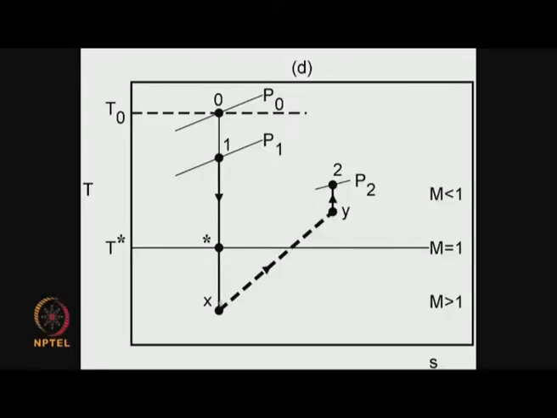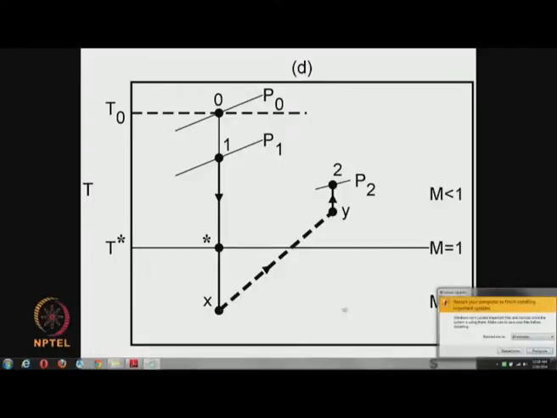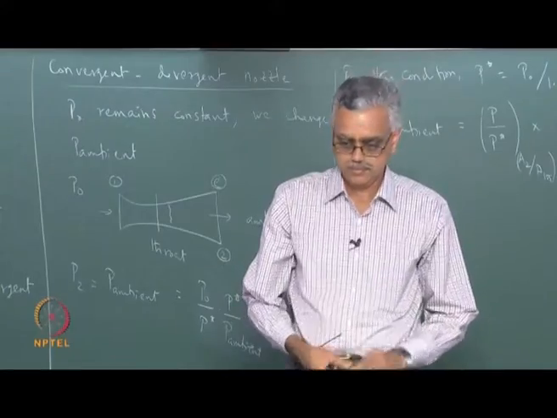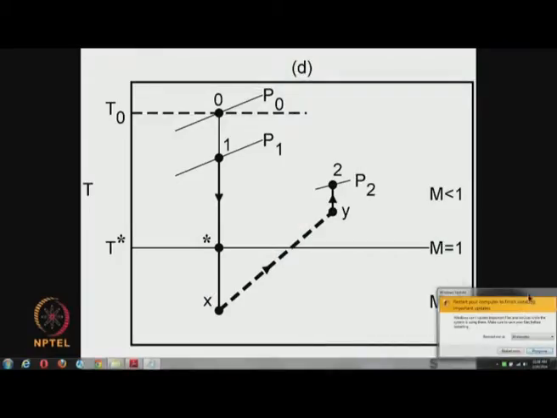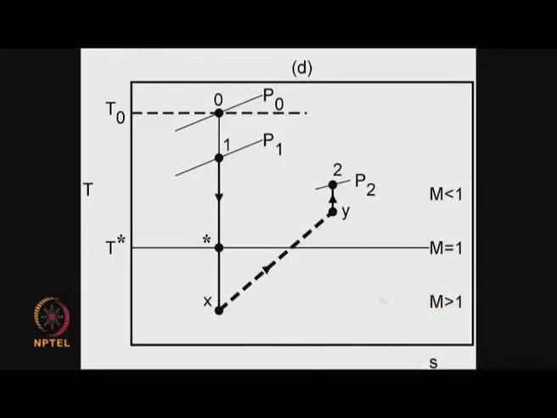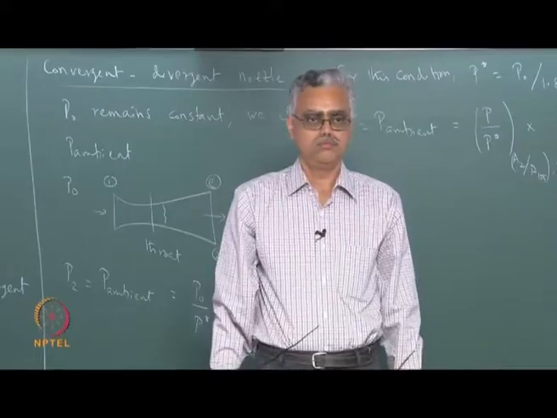So the further away I move from the M equal to 1 line, the higher the Mach number and the stronger the shock and the more the loss of the stagnation pressure, right? Okay, and then you can see that this Mach number is also much less than before because the shock is now stronger and you finally reach this state. So now the loss of stagnation pressure is even more.